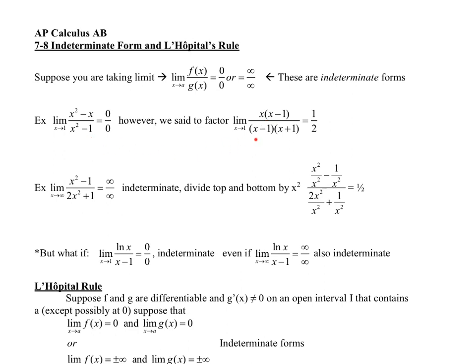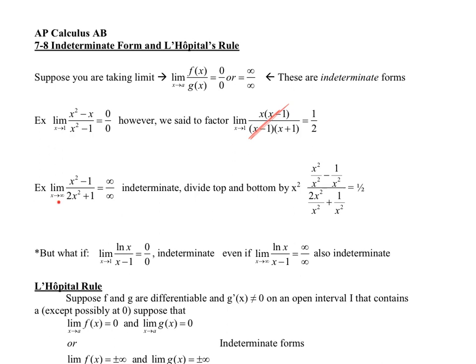The bottom factors into x minus 1 times x plus 1. Now I can reduce by taking these out. I plug the 1 in, and I get 1 on top and 2 on the bottom, and the answer was 1/2. That's how we did it at the beginning of the year when we dealt with limits.